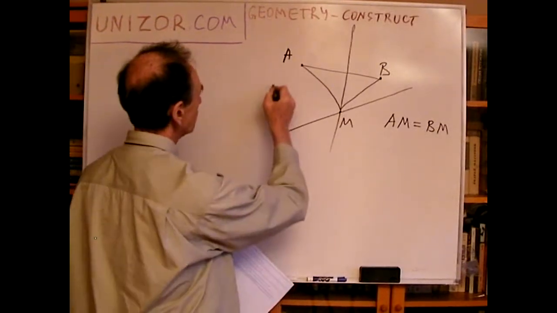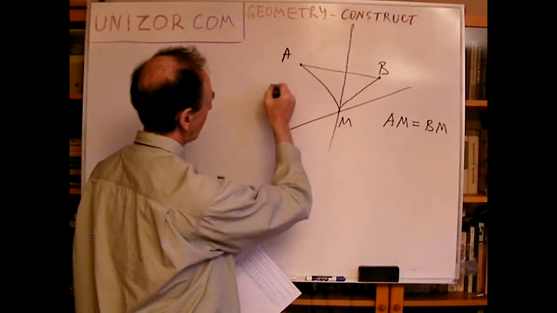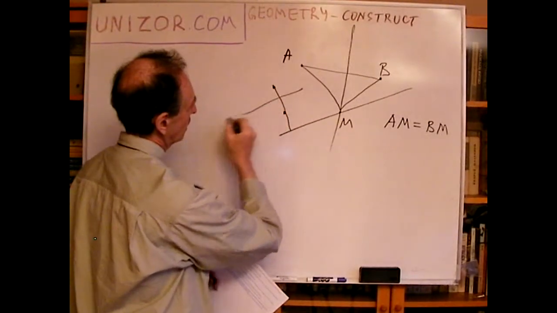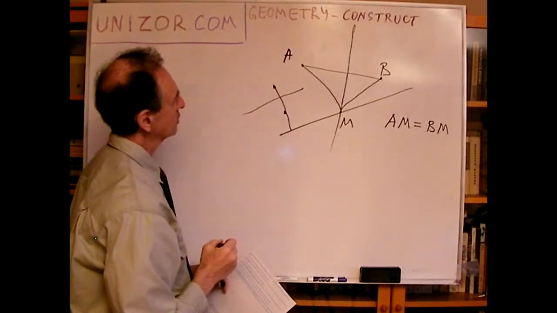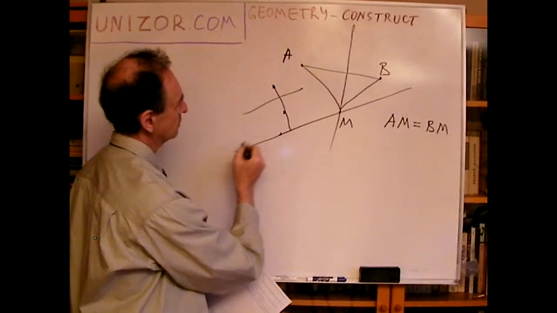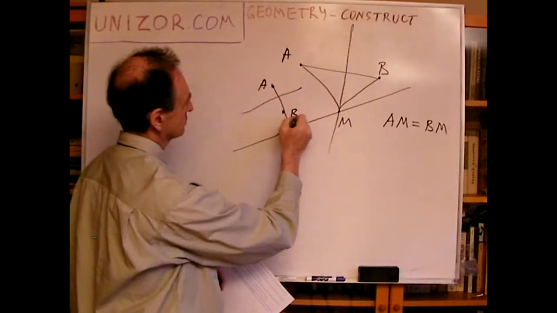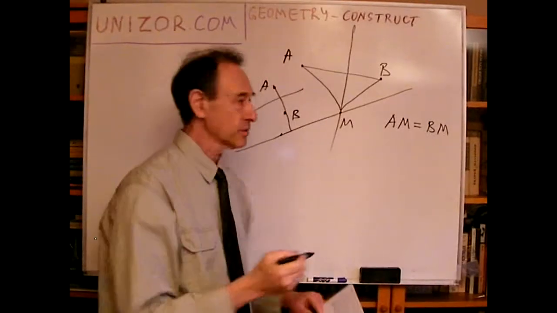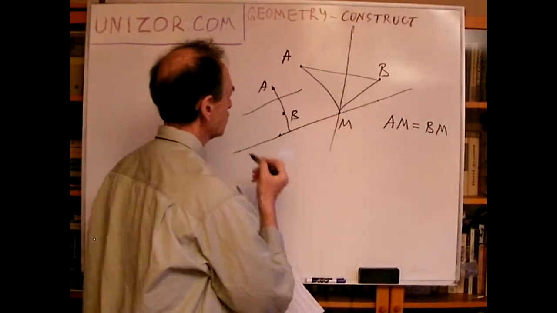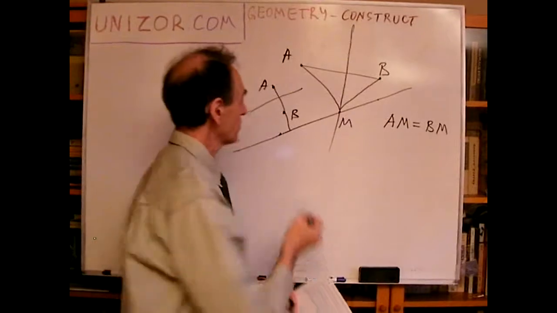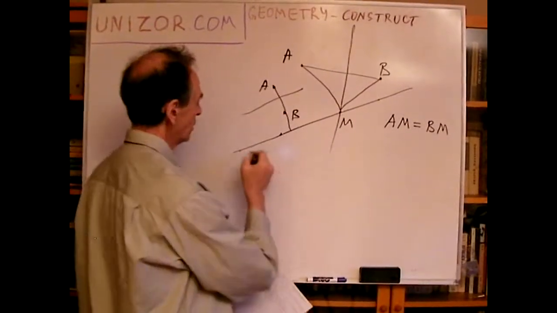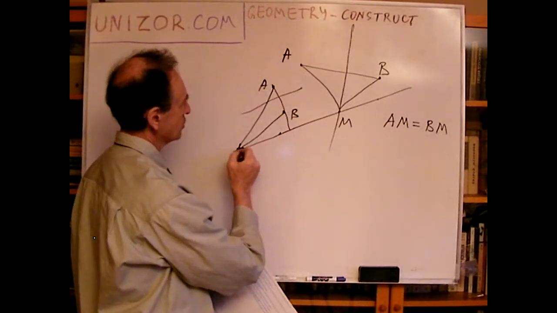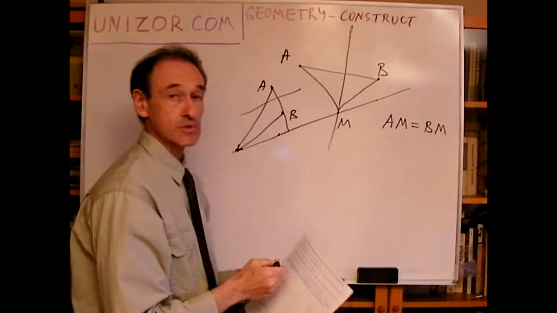So if our 2 points are on the same perpendicular to this line, the perpendicular bisector will be parallel to this line and will never cross it, which means there is no point on this line which can be equidistant from these 2 points A and B. No matter what point we have, there is always a difference between the lengths of these two segments.